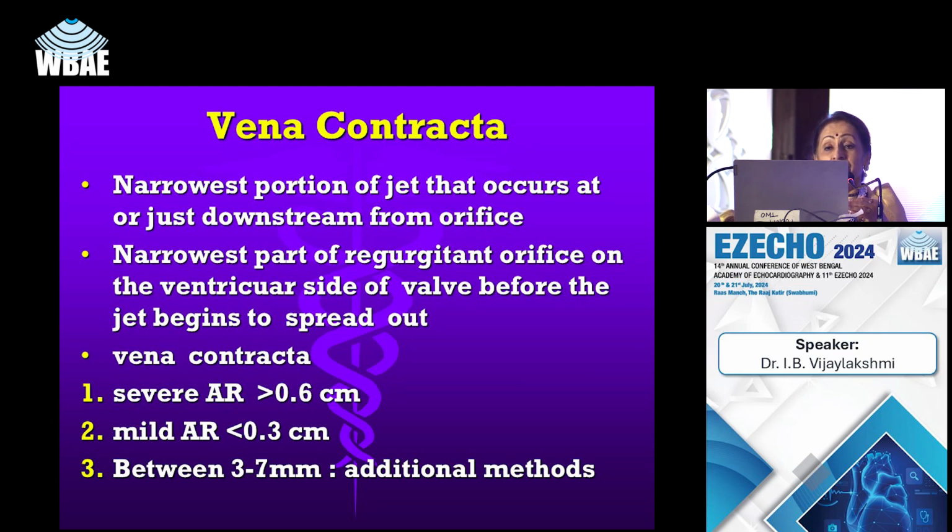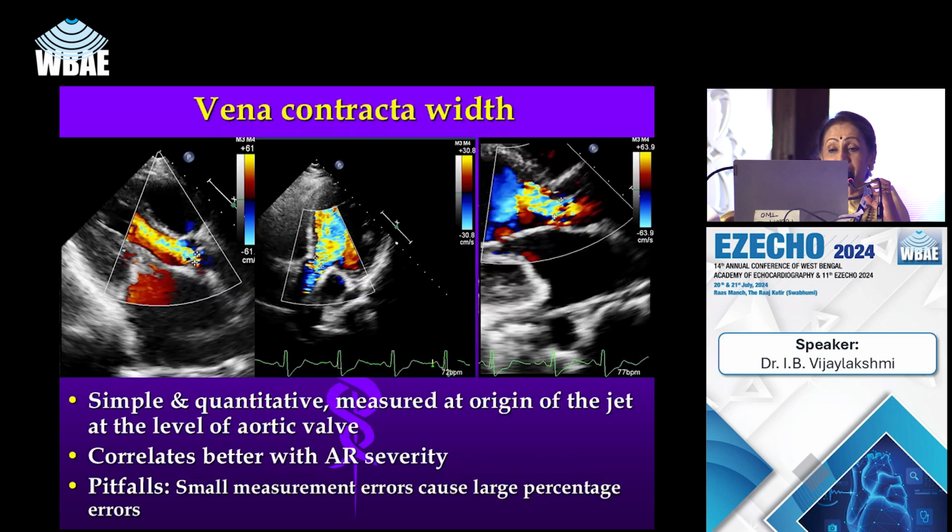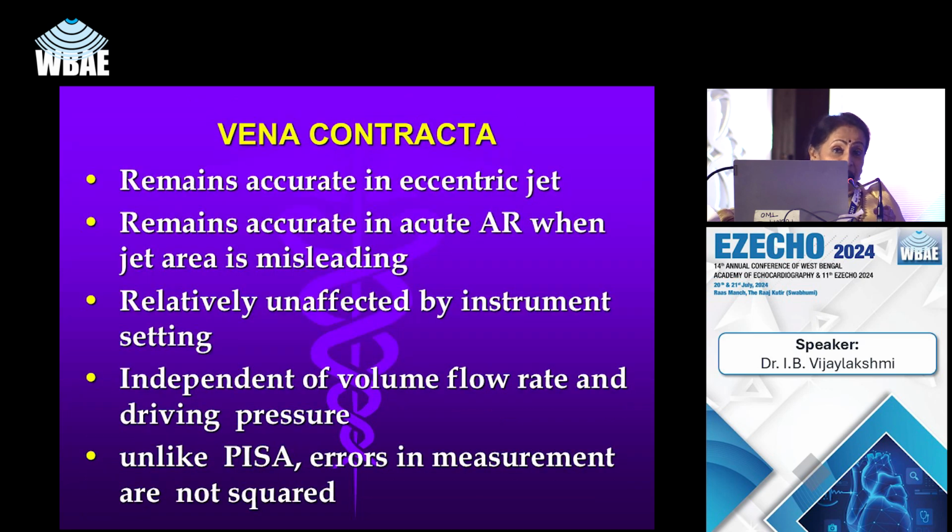Apart from the deceleration slope, the vena contracta has to be taken. According to the vena contracta, grading has to be done. And most important is diastolic flow reversal in the descending aorta. Holodiastolic flow reversal in the abdominal aorta is 100% sensitive and 97% specific for the aortic regurgitation.